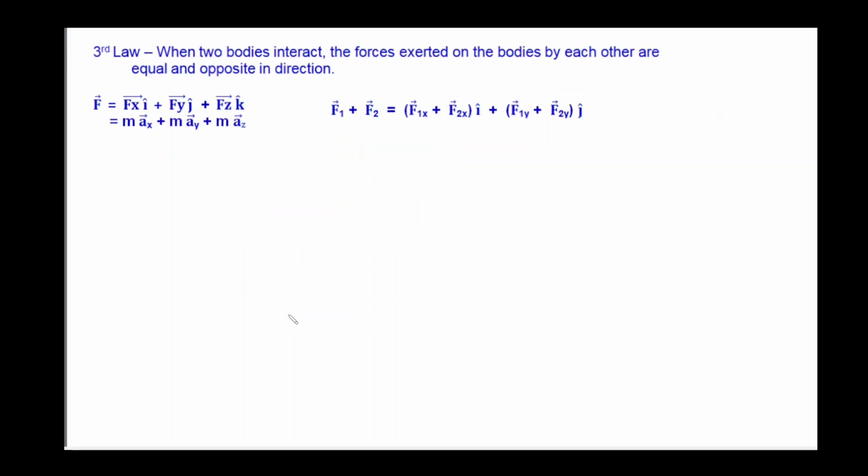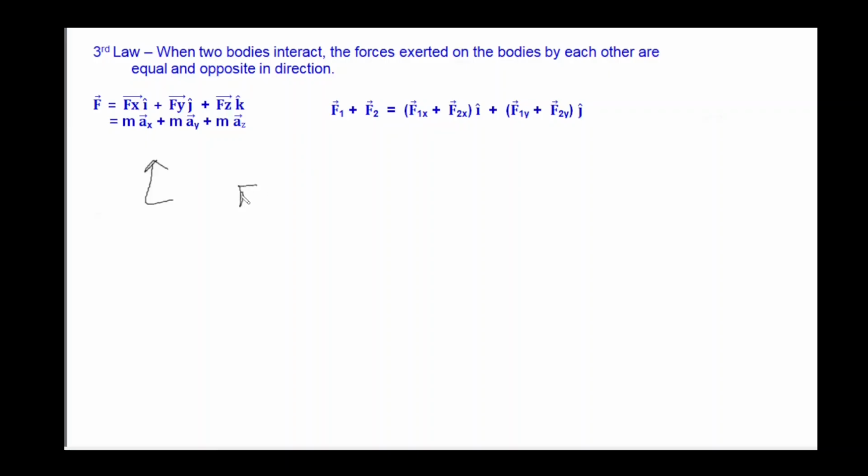Now let's look at the force vector. As you can see from here, the force vector can have 2 or 3 components, and we can break each force down into those components and also look at the acceleration in each of those components.